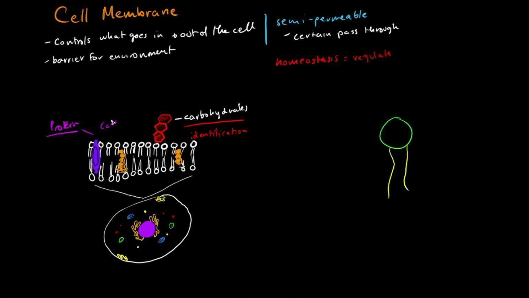But if the cell does need, for some reason, these calcium ions or anything that can't pass through this membrane by itself, these proteins act as transportation channels. Meaning that if anything that usually can't pass through the membrane needs to pass through for the cell to survive, it can pass through these protein channels to get through to the other side.